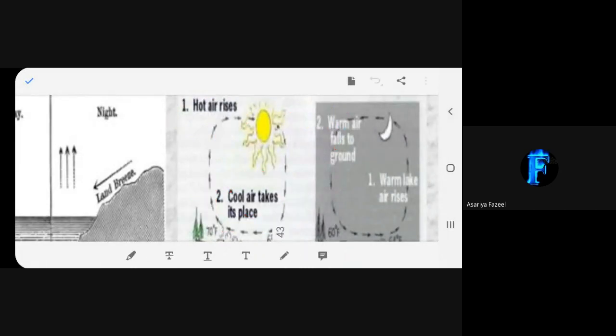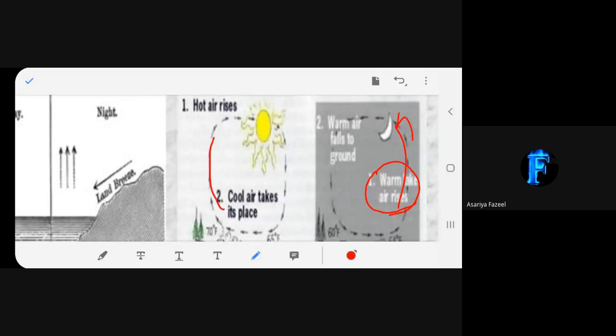Now see at the night time. In the night time, from the sea, the warm air rises. Right, beta? In the daytime, it rises from here, and in night time, it rises from the sea.